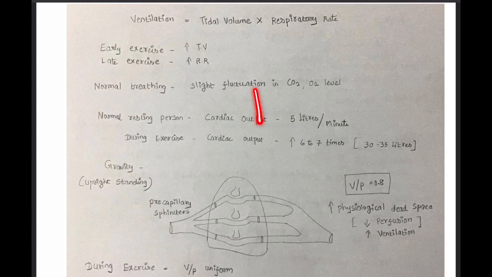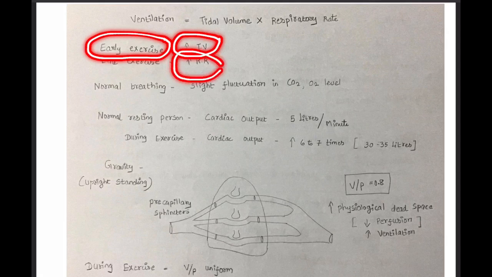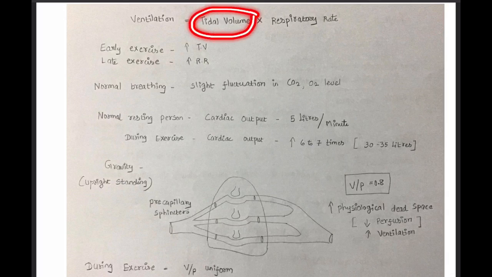So there is increased tidal volume when you start an exercise. At the end of the exercise, your respiratory rate will increase, that is the number of times you breathe in and breathe out will increase. So tidal volume will increase in the early phase of exercise and your respiratory rate will increase at the late phase of exercise. Whenever your tidal volume increases and respiratory rate increases, ventilation also increases.